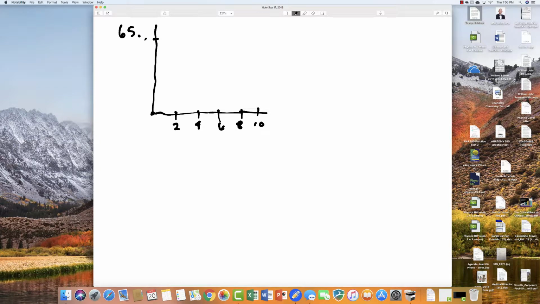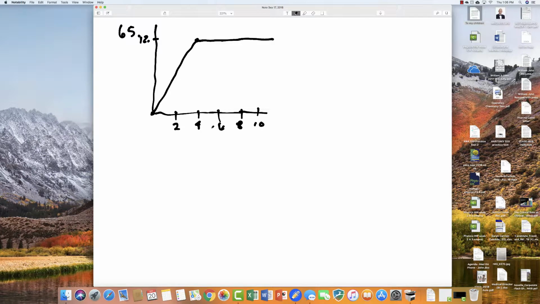Up here at the top is going to be 12. At 4 seconds is where you make it to 12 meters per second. It's a straight line up to that point, and then it flattens out after that. There's no acceleration at that point.